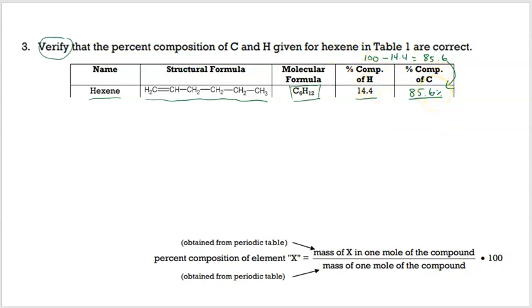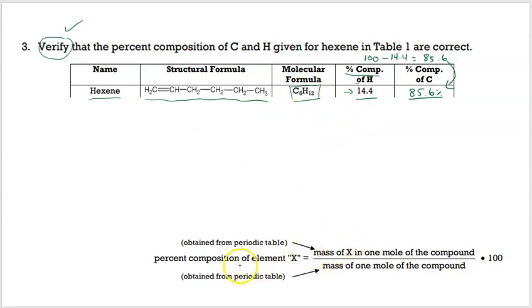Now, if there's more than one other element present, we can't just do that simple calculation. But let's verify, though. It does say to check to make sure that those are in fact correct numbers. So let's go through the process. We were given the percent composition of hydrogen as 14.4%, so let's see whether we actually get that same number.